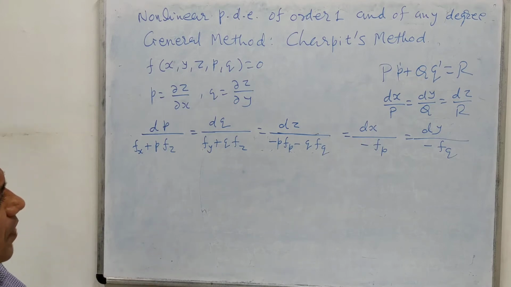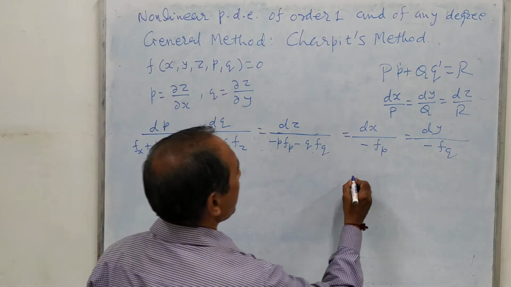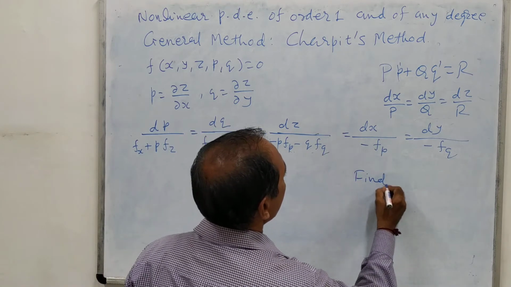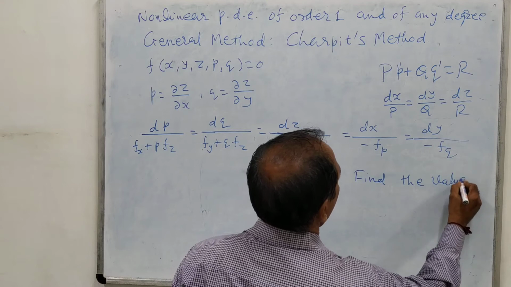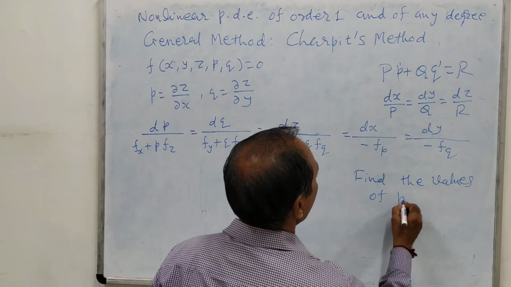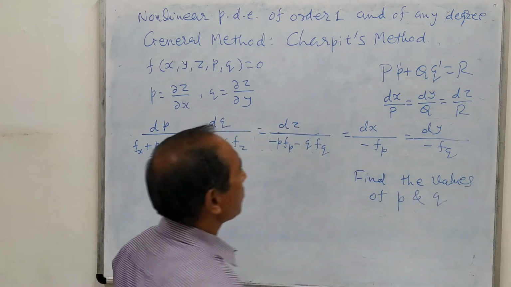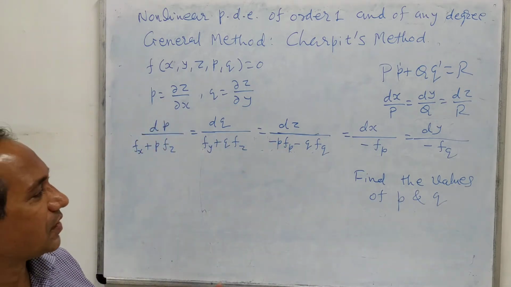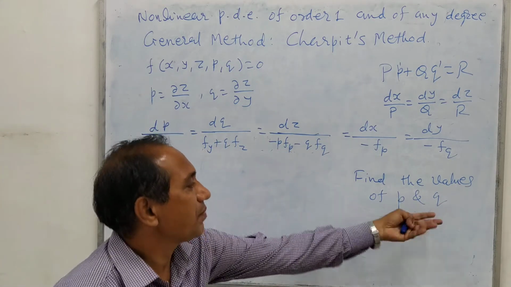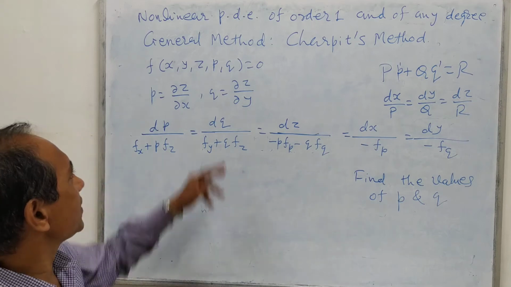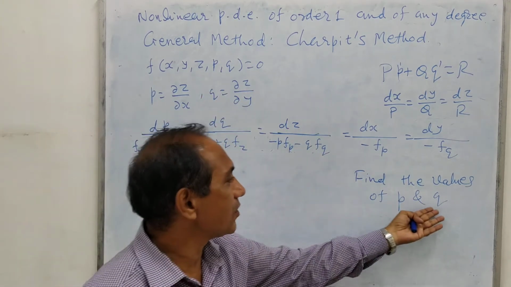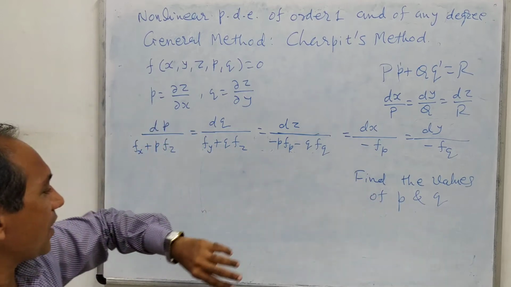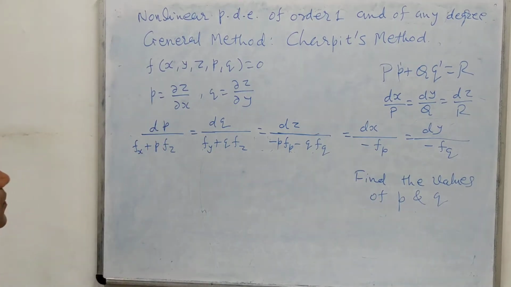That means we want to find the values of p and q by using this step. If we obtain p, then q can be determined very easily by substituting into the given equation. If q is known, by using the same procedure, we can obtain the value of p from this one. Okay?